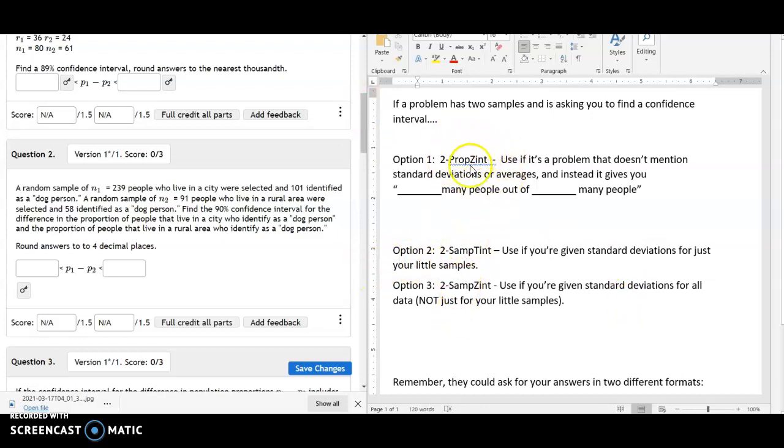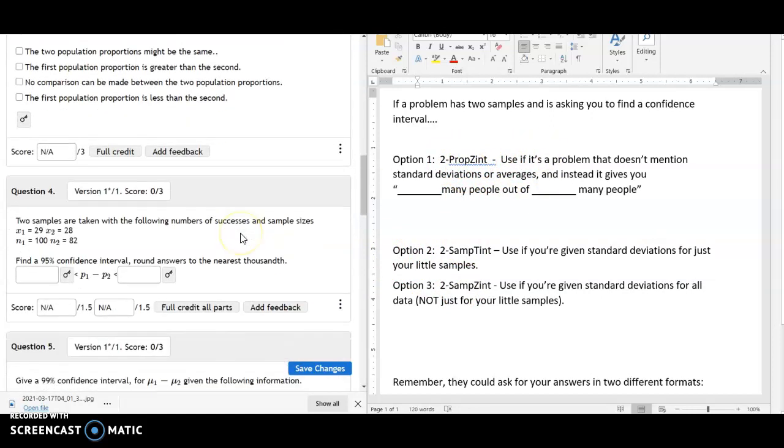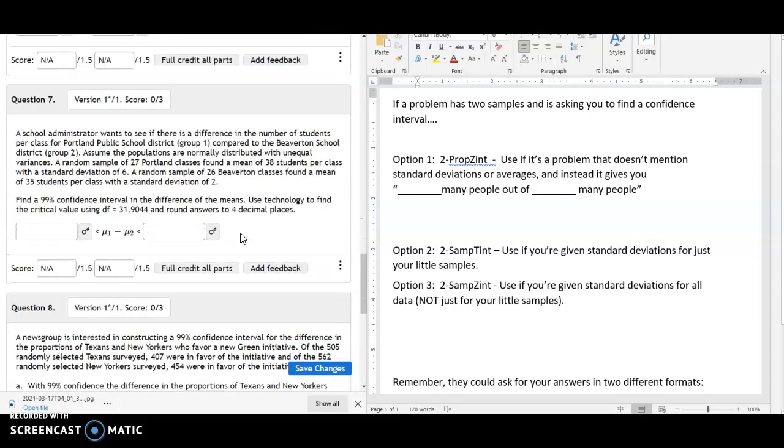If it's not a proportion problem, and instead it has averages, look at question 7 here. Jumping down to where the numbers are, it says we took a sample of 27 Portland classes. Based on that little sample of 27 classes, the mean was 38 and the standard deviation was 6.